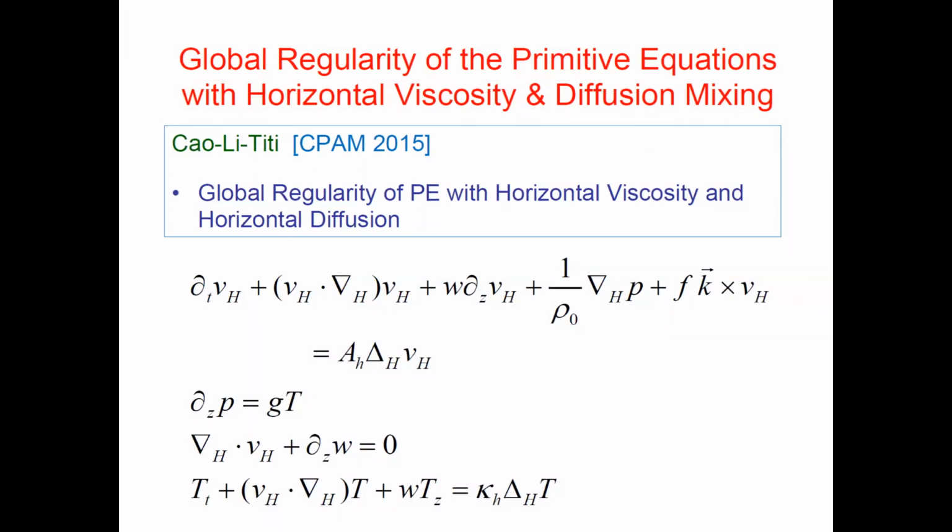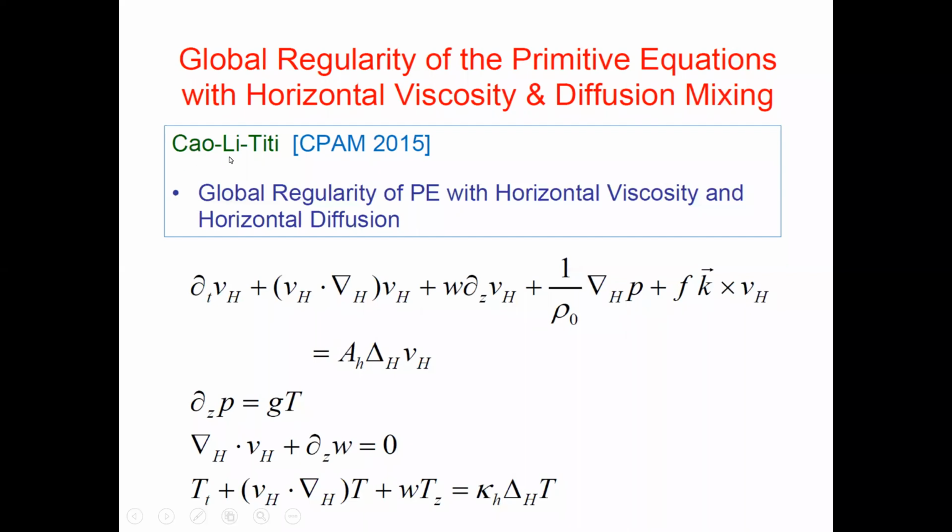Now, what happens if I look at the primitive equations with only horizontal viscosity and diffusion? Do I know anything about existence and uniqueness? Indeed, this is a result by Cao, Chongsheng Cao, my former collaborator, the person with whom we worked on the primitive equations.